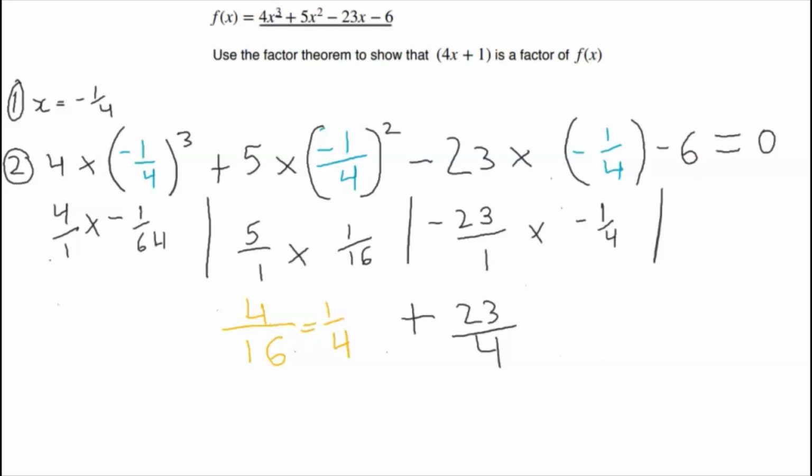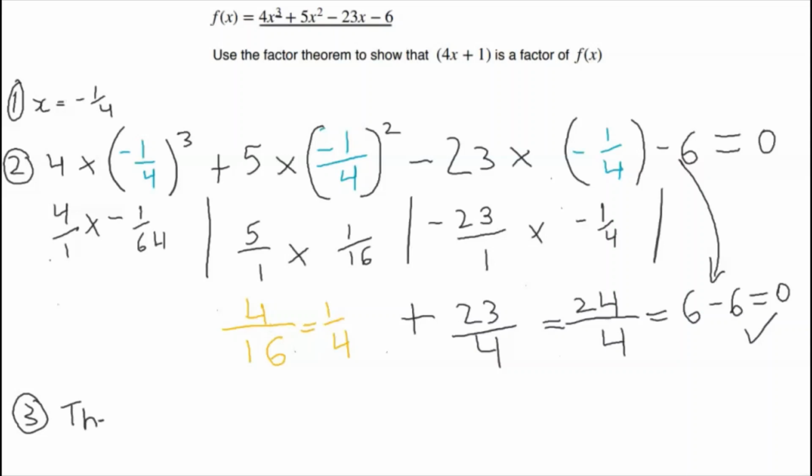And if we add 1 over 4 to 23 over 4, we would get 24 over 4, and if you don't already know, 6 times 4 is equal to 24, so this would equal 6. And if we bring this minus 6 back down here, 6 minus 6 is equal to 0, that is obviously true.